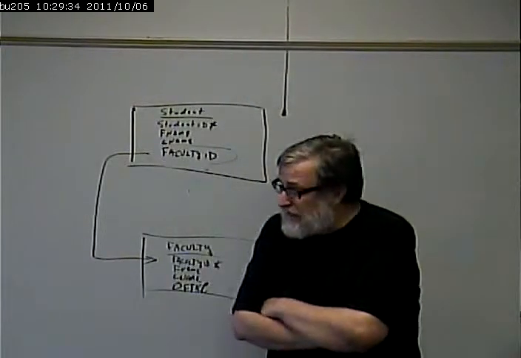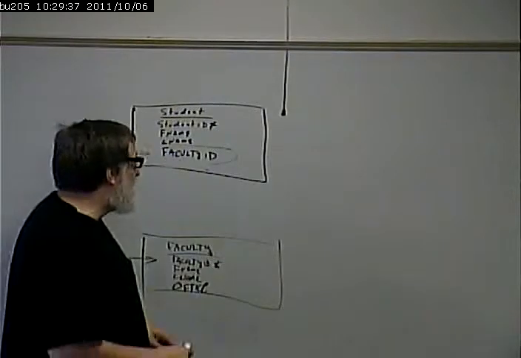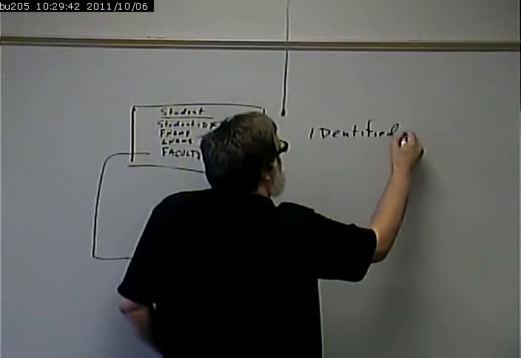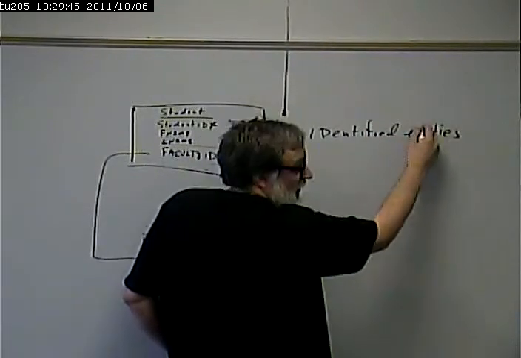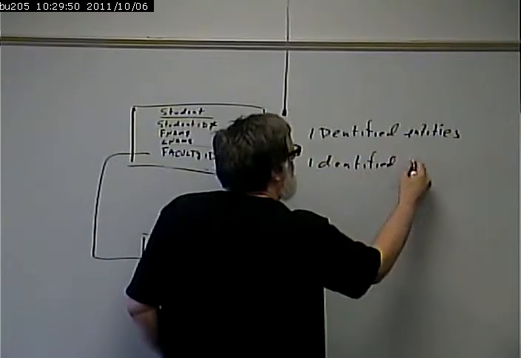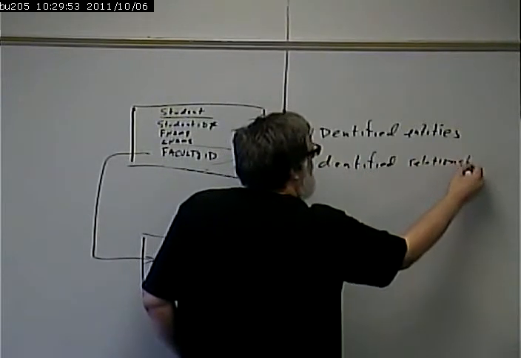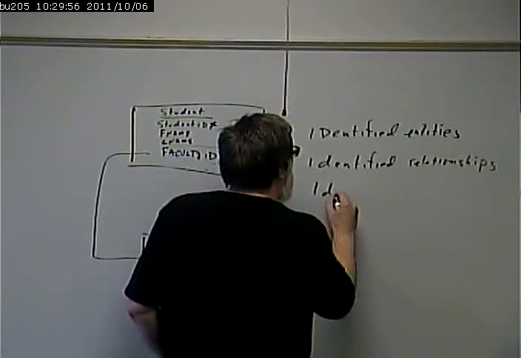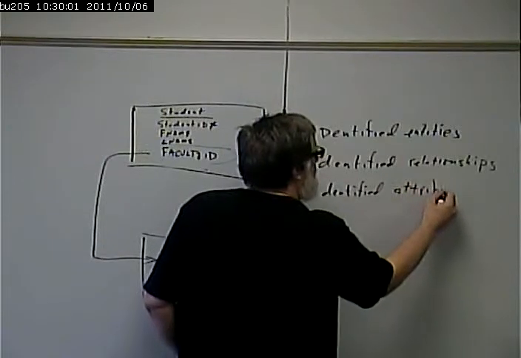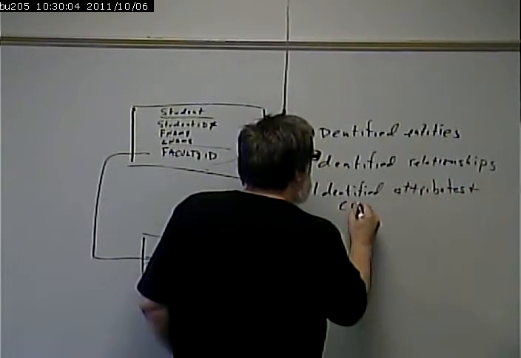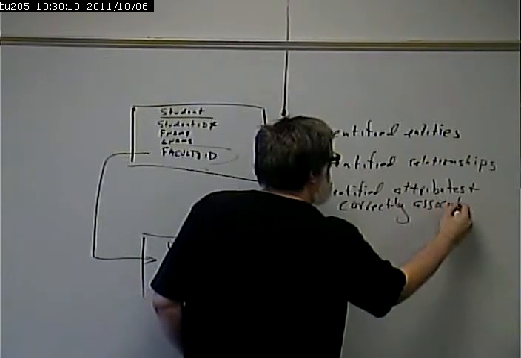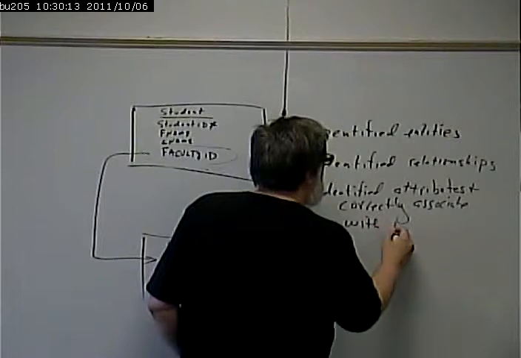The act of designing a database consists of making sure you've identified all the entities, identified the relationships, and identified the attributes and correctly associate them with the entity.